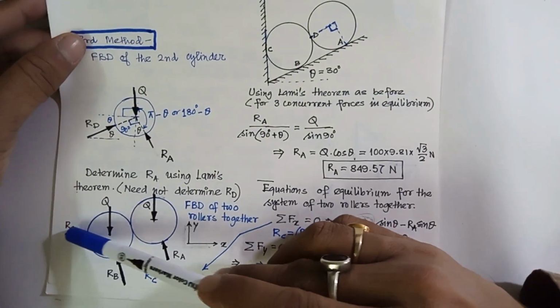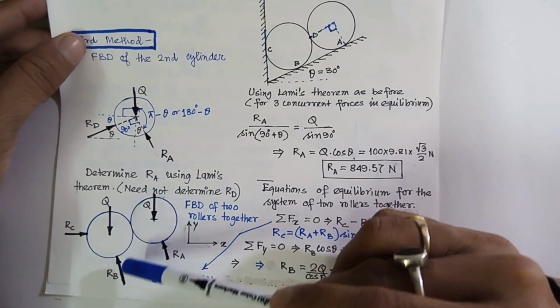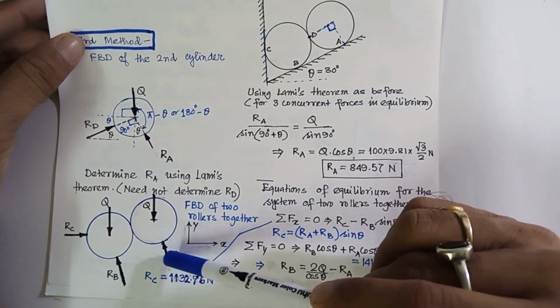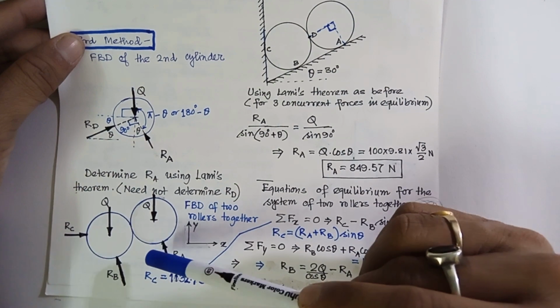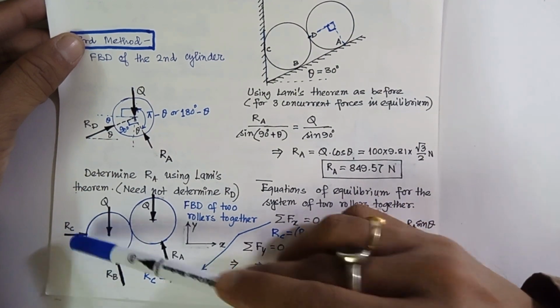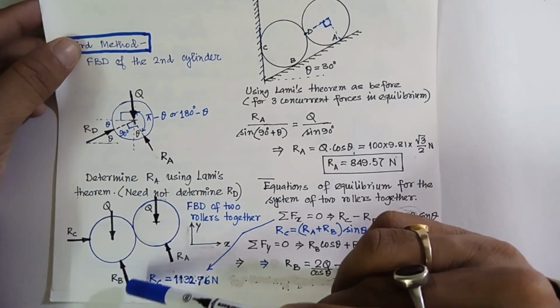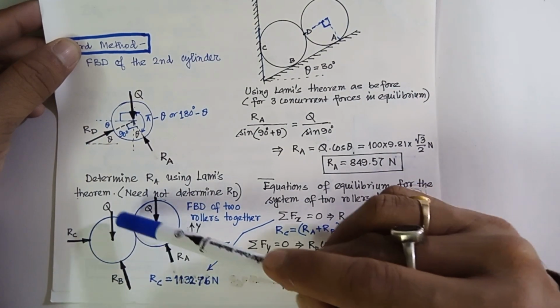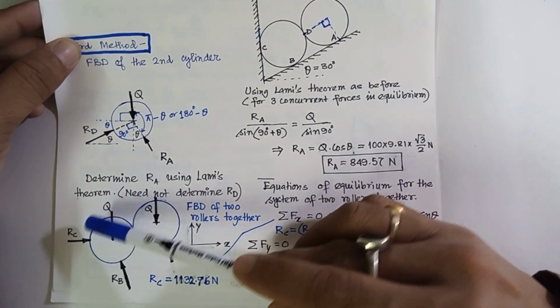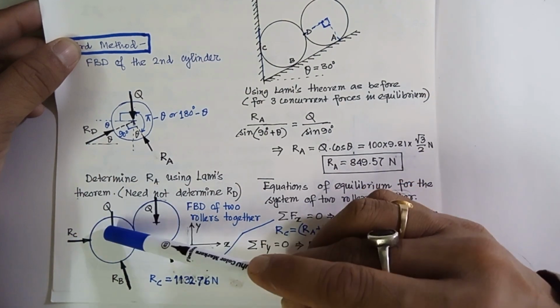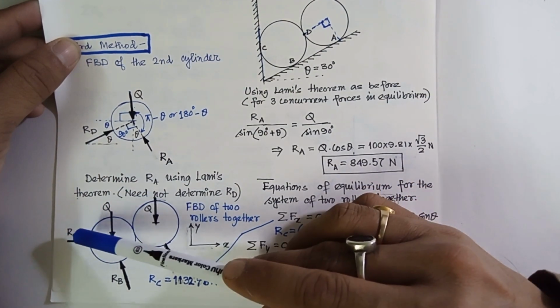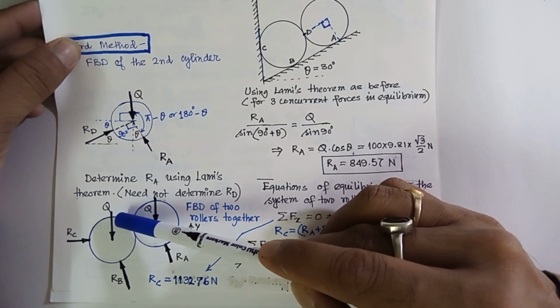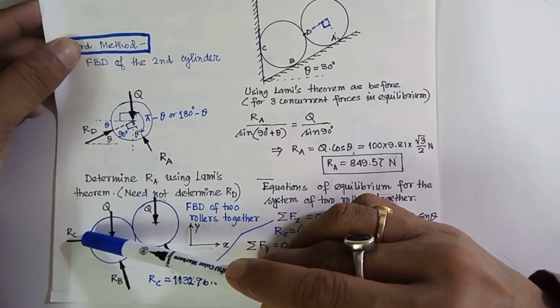What is that? RC in the positive x direction, and RB and RA both will have component in the x direction, that is in the negative direction. So it will be RB sin theta and RA sin theta, but Q will have no component in the x direction because Q is perpendicular, Q is vertical. So RC is horizontal, Q is vertical, therefore Q will have no component in the x direction.